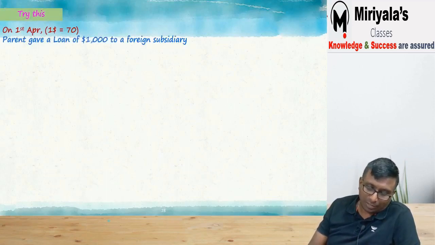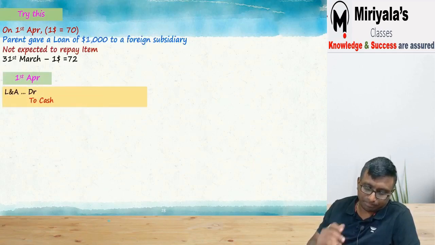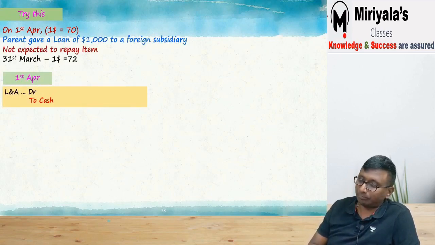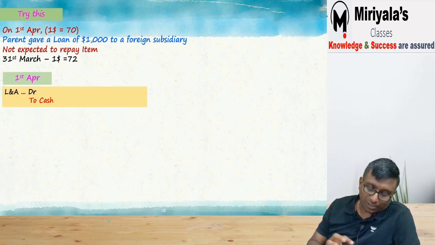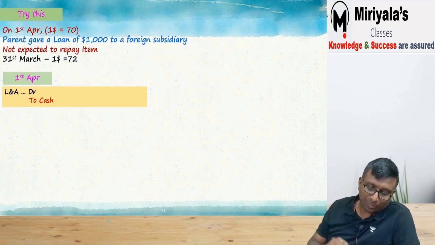Understood? Look at this situation. On 1st April, $1 is equal to 70. Parent gave a loan of $1,000 to a foreign subsidiary, not expected to be repaid. 31st March rate is equal to 70.